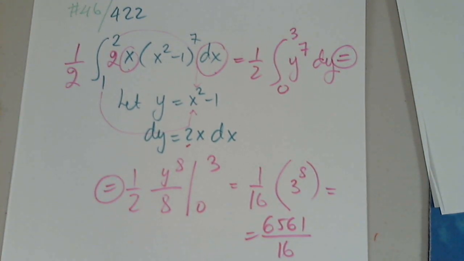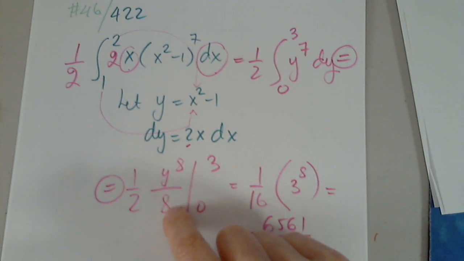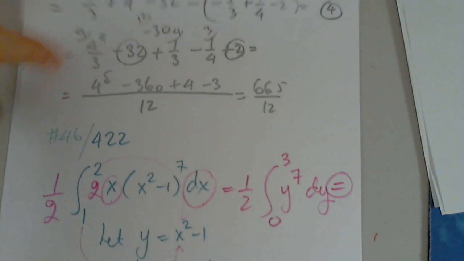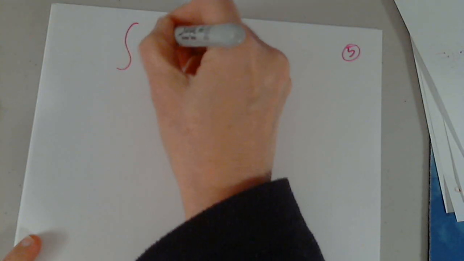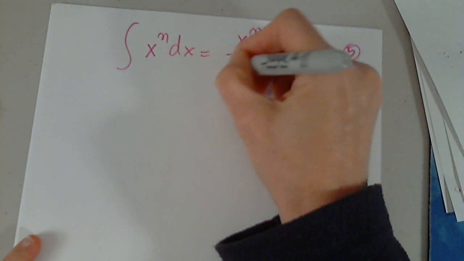How did you get the 8 from? You mean this? Yeah. Okay. When we integrate x to the nth dx, we get x to the n plus 1 over n plus 1 plus a constant c.